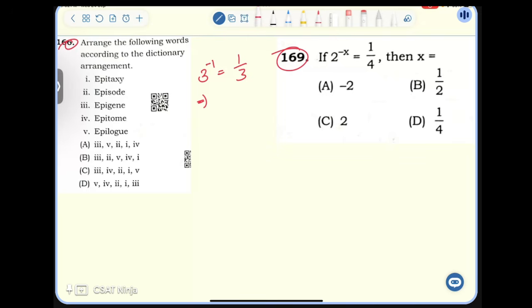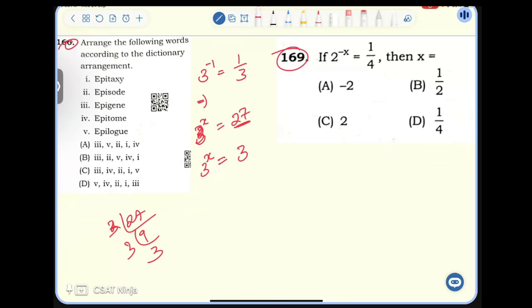And next concept is, if you have any variable in your power, let's say you have 3 to the power x is equal to 27. Always try to make this one in terms of 3. So 27 can be written as 3 times 9 are 27, 3 times 3 are 9.